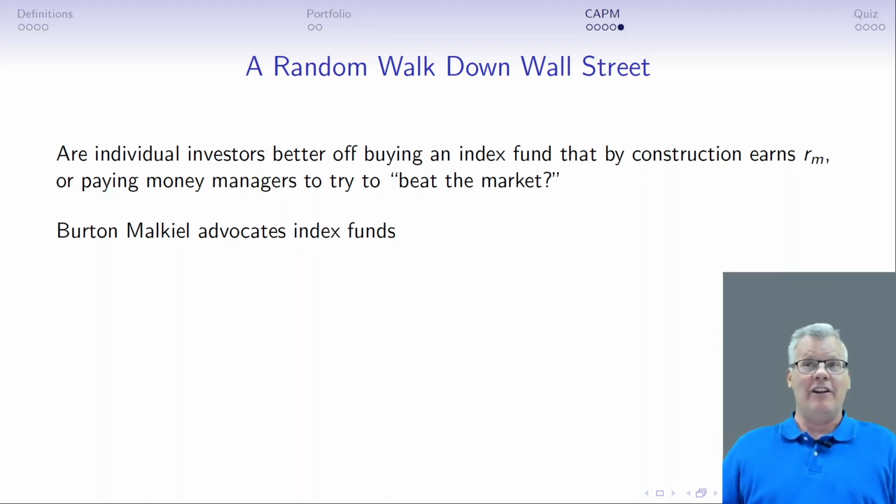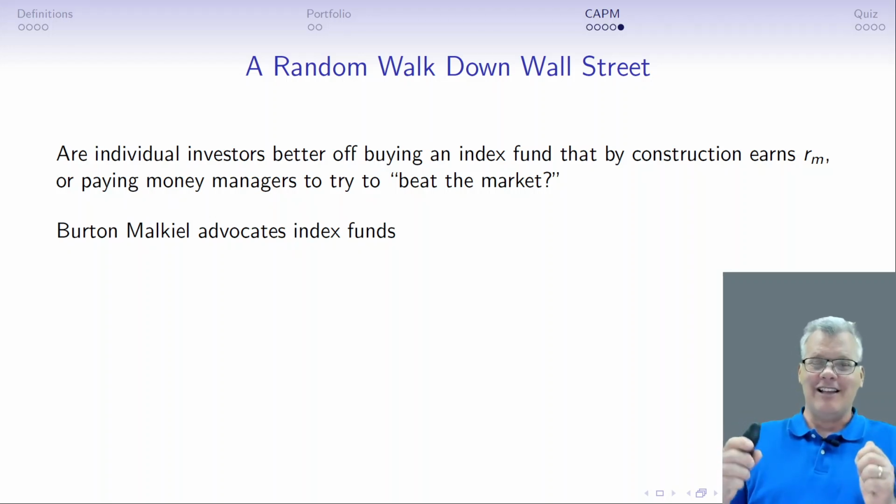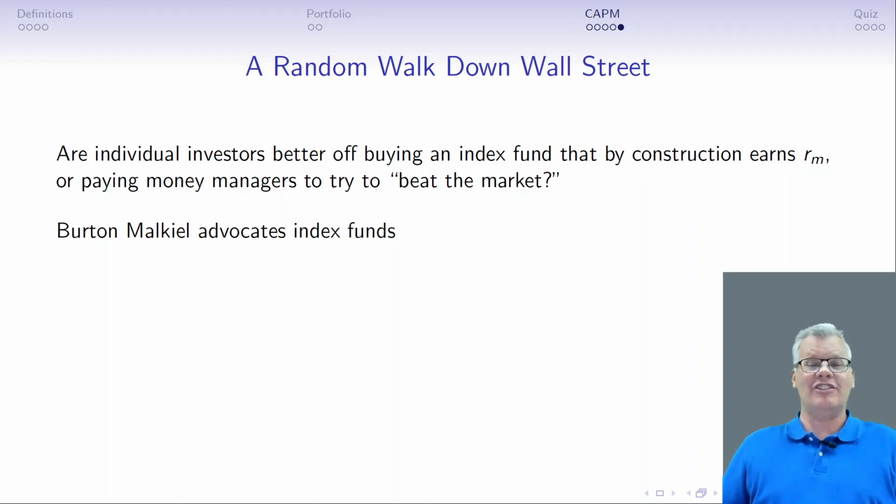You're shooting for the average. So the question is, do you buy an index fund that explicitly does not actively manage your money, but rather tries to earn the average or market rate of return? Or do you pay fancy pants, high-priced money managers to actively manage your money and try to beat the market rate of return?